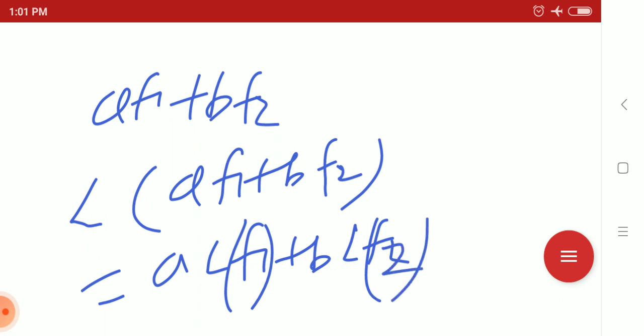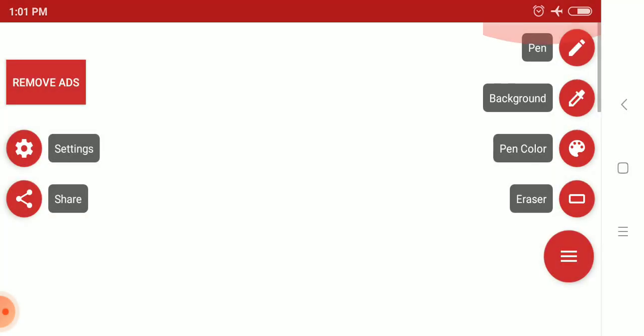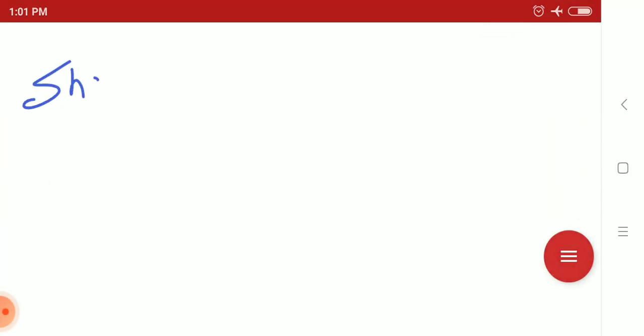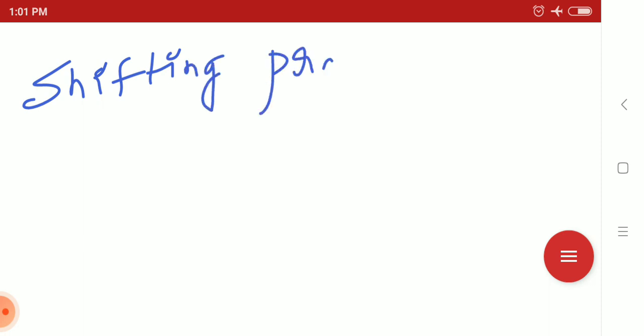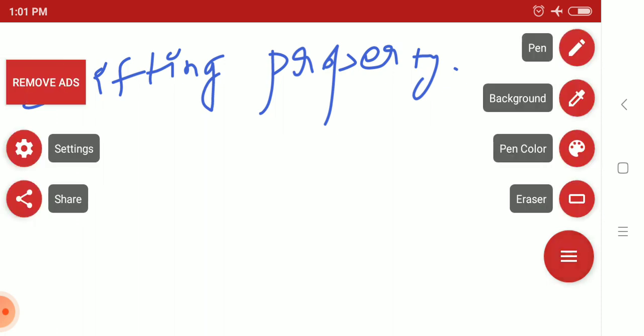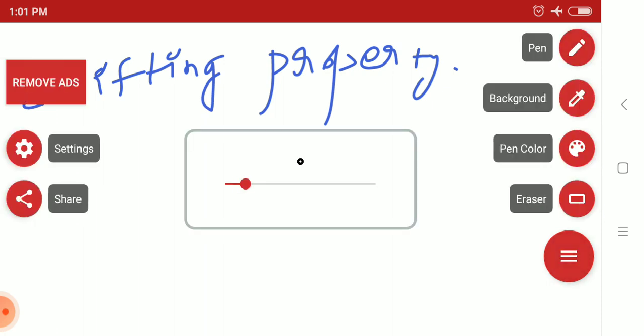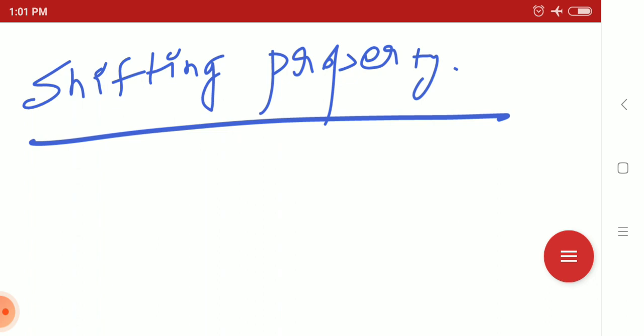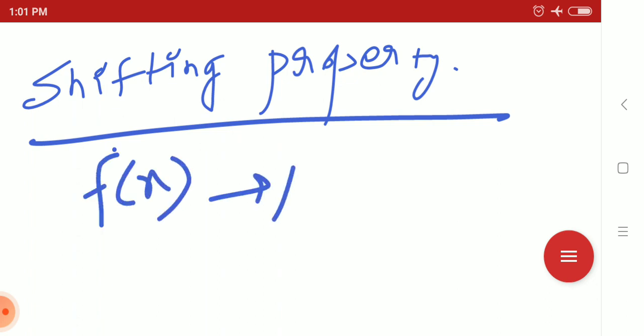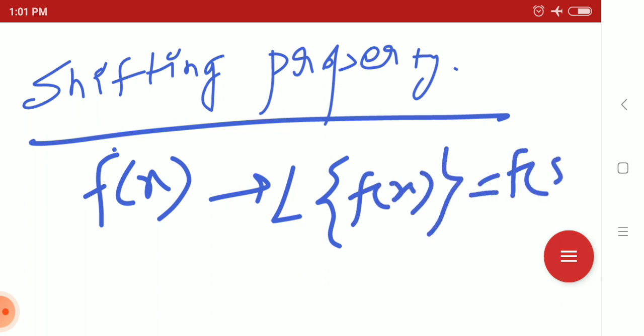Now let's talk about the shifting property of the Laplace transformation. Suppose we have a function f of x and the Laplace transformation of f of x gives us F of s.